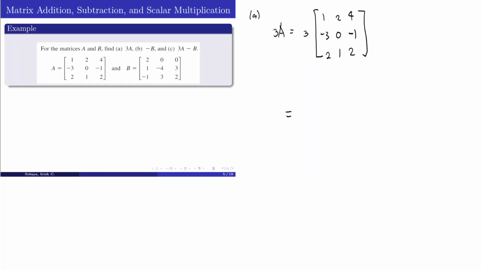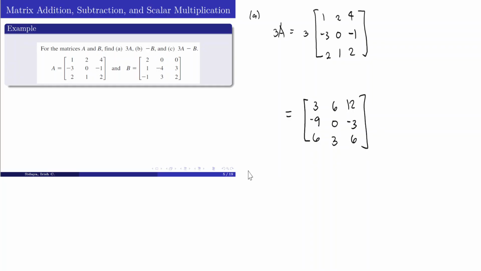Which is equal to, we just simply multiply each of these elements here by 3. So we will have 3, 6, 12, then negative 9, 0. Again, we multiply this by 3. We have negative 3, 6, 3, and then we have 6. So this is 3 times A.